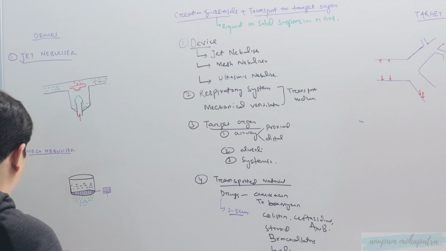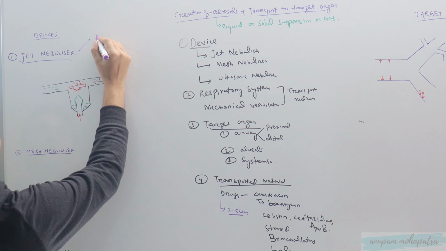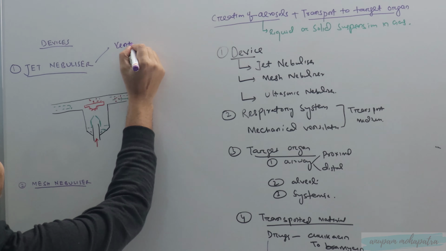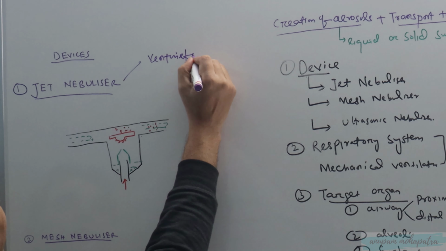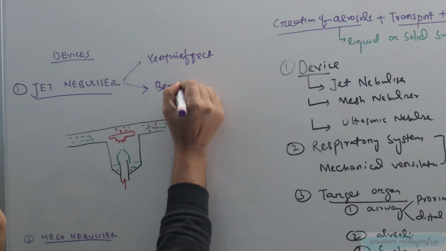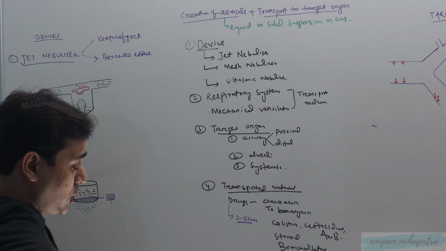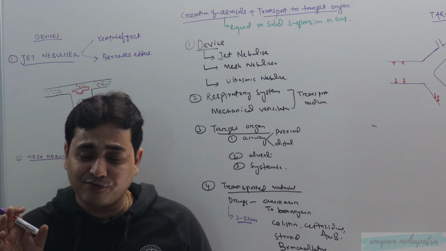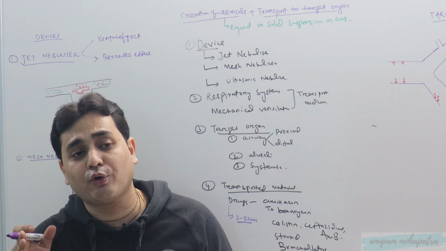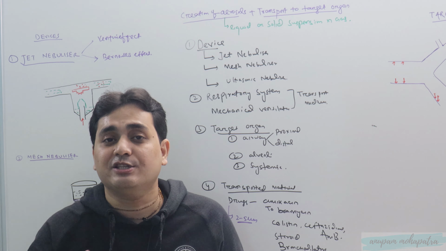So the jet nebulizer works with two effects. One is called the Venturi effect. Another is called Bernoulli's effect. What is the Venturi effect? Whenever a high flow of air is flowing through a narrow pathway, its velocity increases.